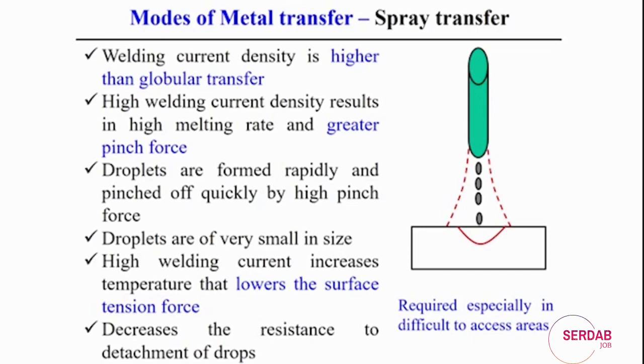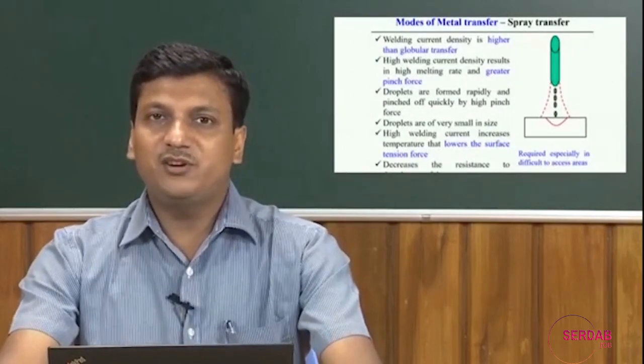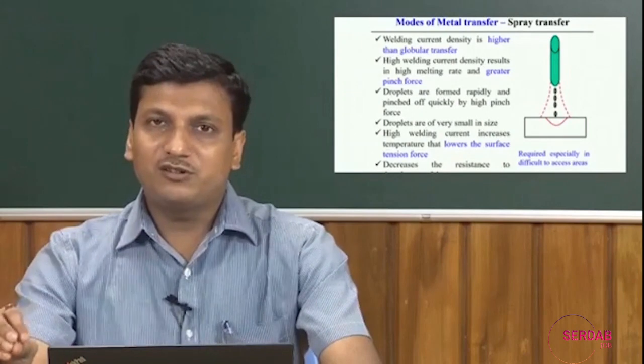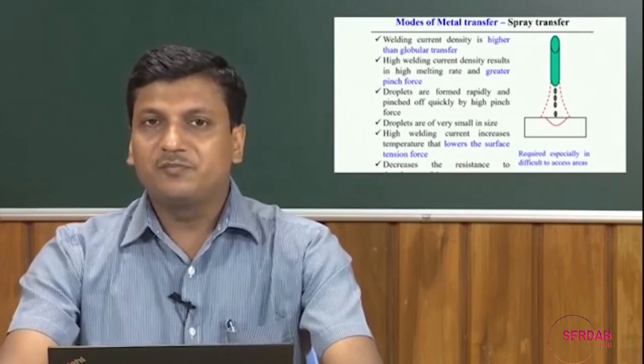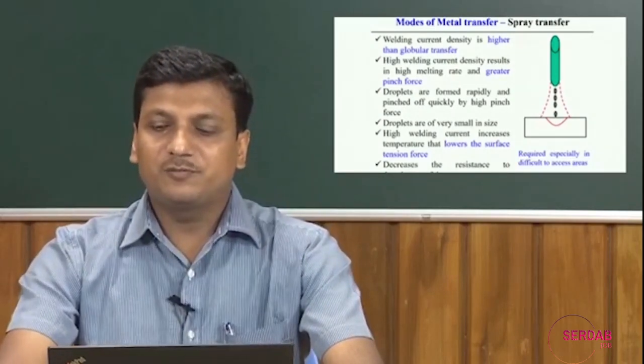So, definitely we can see the short circuit transfer, the globular transfer and the spray transfer. In all these cases we can control the transfer of the molten droplet, although it is a very complex phenomenon, because so many interactive forces are acting. Normally these three forces, the gravitational force, the surface tension force and the electromagnetic force, play the significant role in the detachment of the molten droplet from the electrode tip in welding using a consumable electrode.